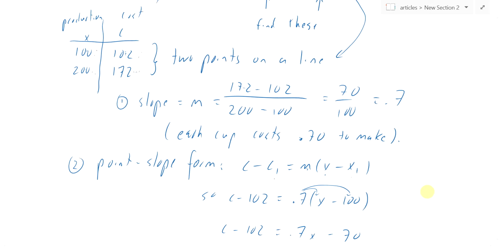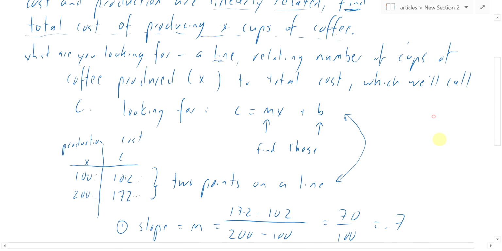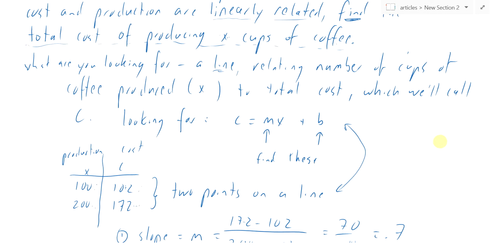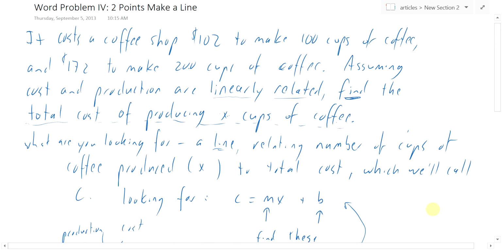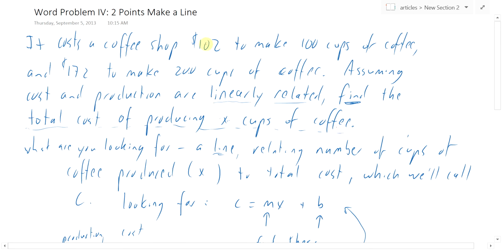So, many problems, including the supply and demand ones from section 1.2, are structured like this, where they give you 2 pieces of data. It costs a coffee shop this much to make that much. And then it costs this much to make that much. Right? And that's 2 points on a line.